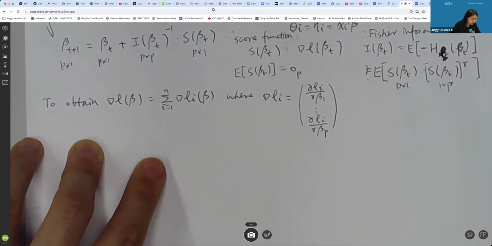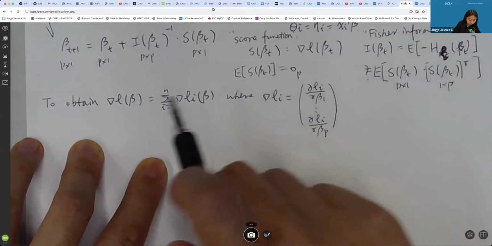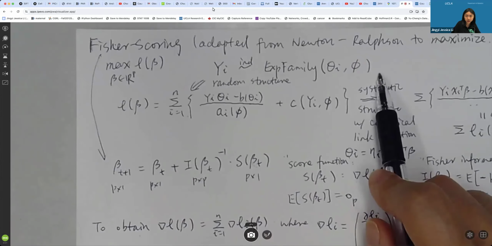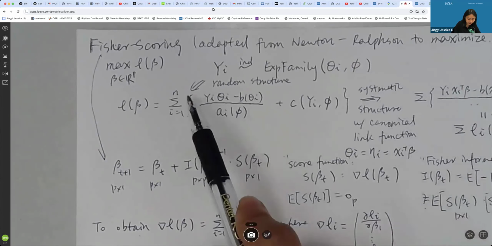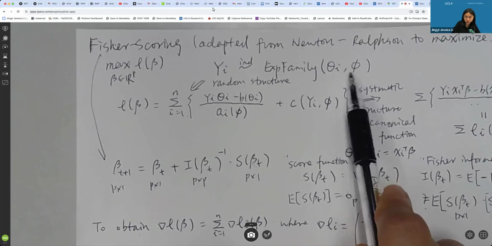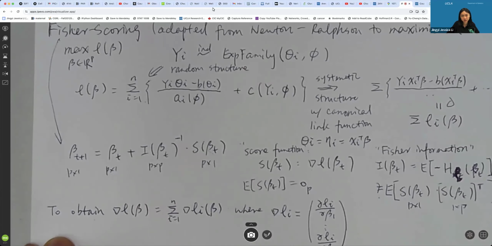For now, we assume that to maximize this likelihood we don't worry about phi. We assume phi is fixed, just unknown but fixed. We only worry about beta, because beta is only linked to theta i, the location parameter, not phi. This is similar to when we solved the linear model. When we found beta hat, we didn't worry about sigma squared.